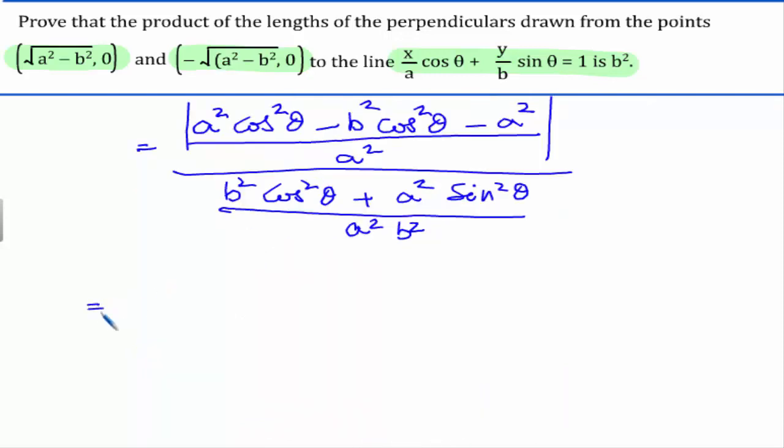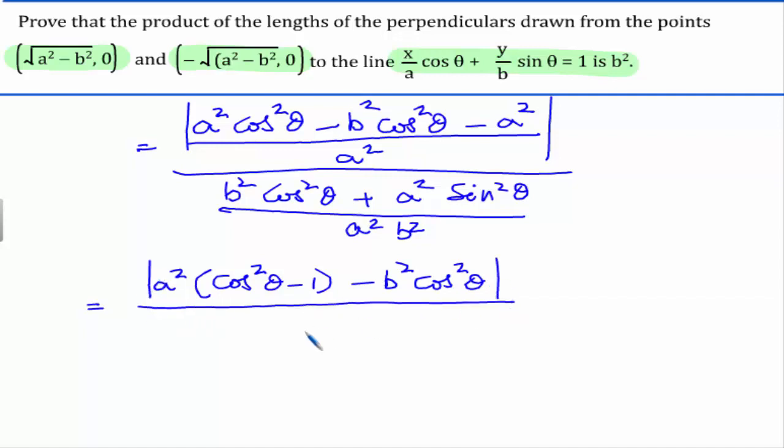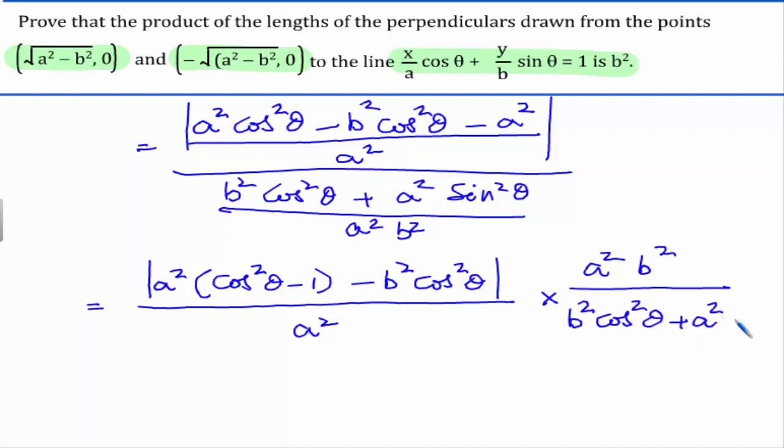Now if we simplify again, we get a square into cos square theta minus 1 minus b square cos square theta, by a square into a square b square by b square cos square theta plus a square sin square theta. So here a square gets cancelled, and we know that cos square theta minus 1 is equal to minus sin square theta.